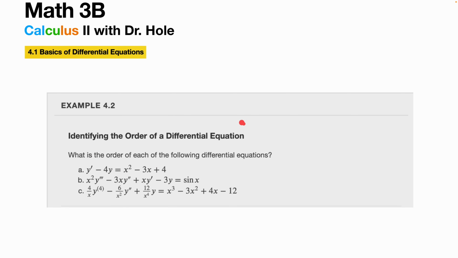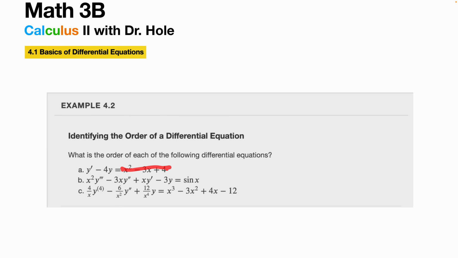A similar notion of grading, separating, identifying differential equations is the notion of order. And just like the degree of a polynomial is just looking for the highest power, the notion of order is looking for the highest derivative count.